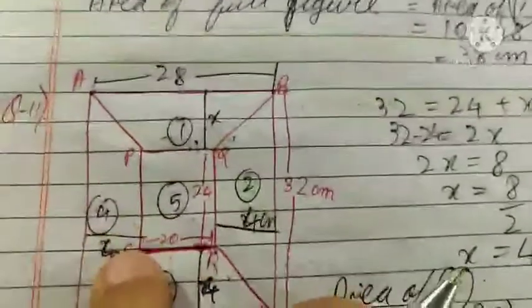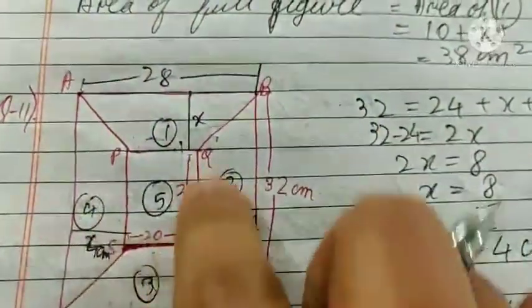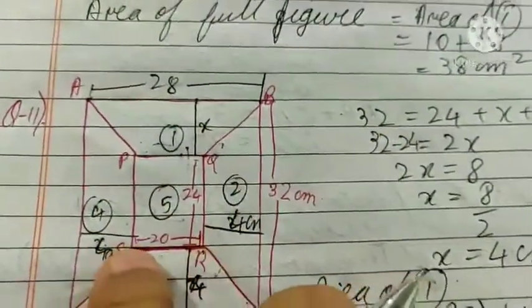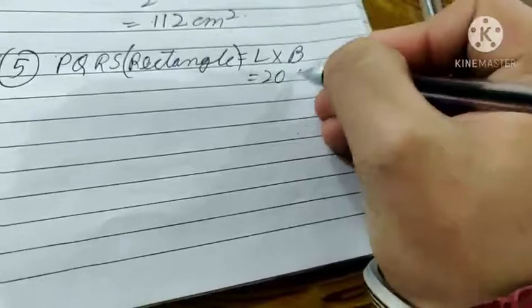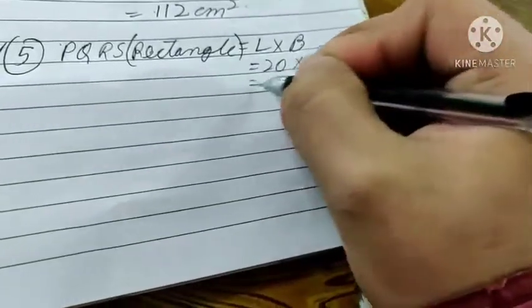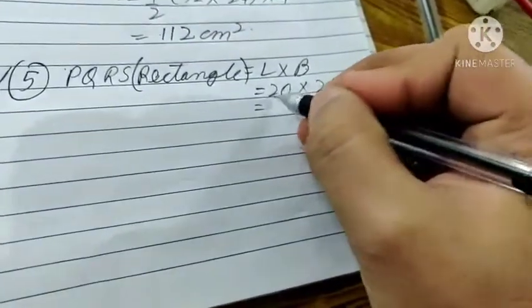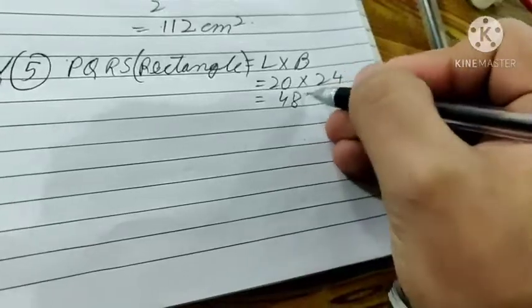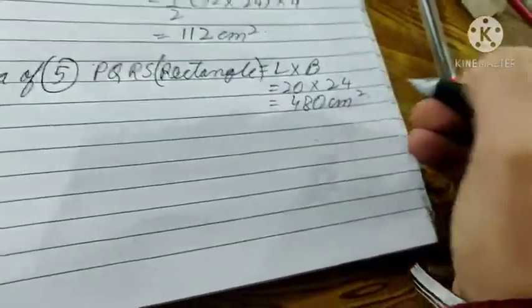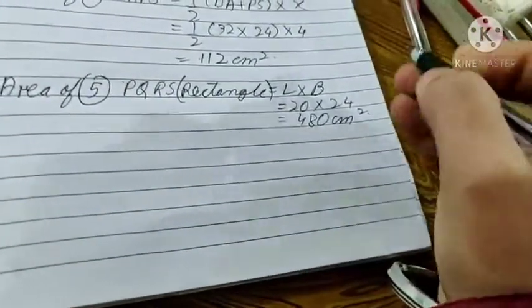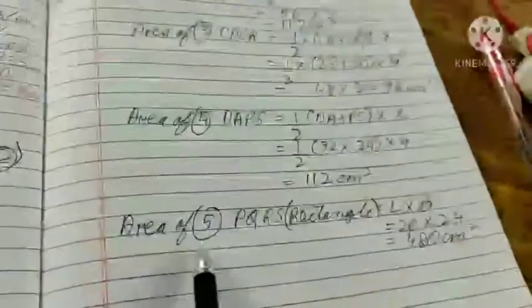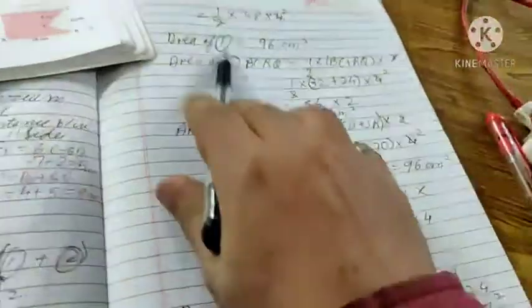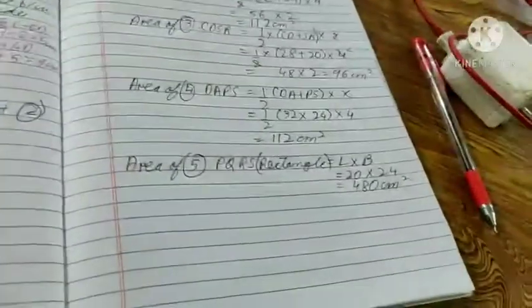So this rectangle, okay, here length is 20 and breadth is 24. So 480 centimeter square. This is the area of the fifth part. So these are all the separate areas of the fifth, 4, 3, 2 and 1. All the areas have been found out.